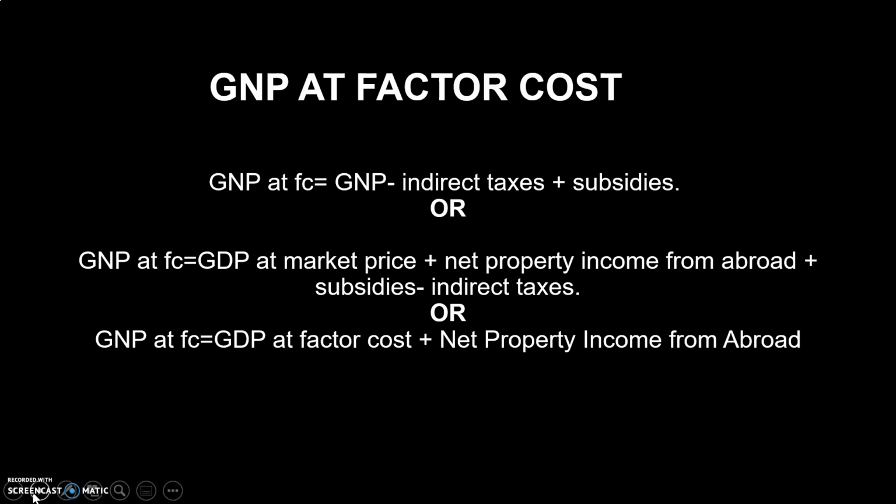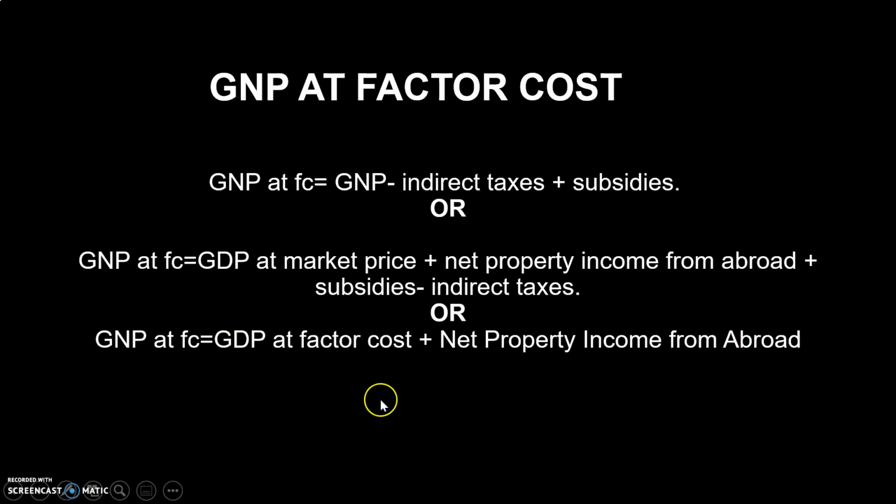And there are other ways that you can write this formula. So you could look at the GDP at market price plus the net property income from abroad. Those two would give you GNP. Then you can add subsidies and minus indirect taxes. Or you could look at GDP at factor cost plus net property income from abroad.